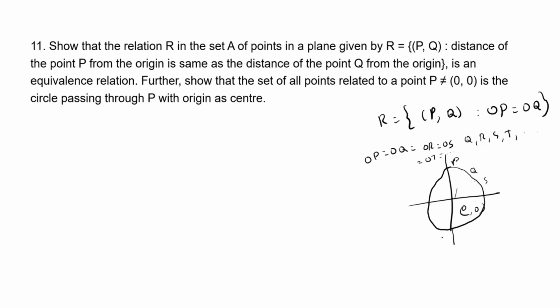So we can see that the set of all points related to P, which is not equal to the origin, is a circle which passes through P with the origin as the center. If you see, this circle passes through the point P and it has its center at the origin. So hence the set of points related to P is a circle passing through P with center at the origin.